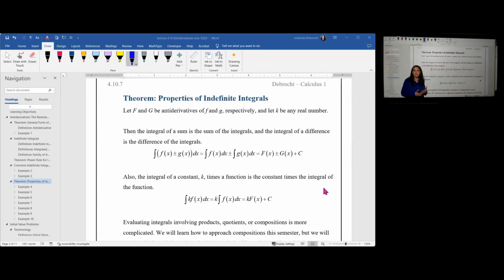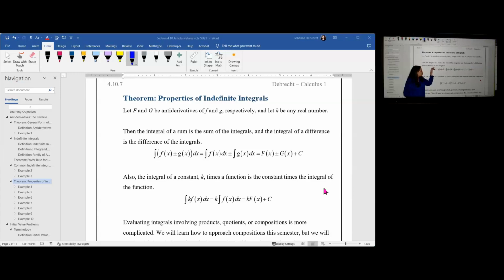We'll let k be some constant real number. The integral of a sum is the sum of the integrals. The integral of a difference is the difference of the integrals. We saw that this rule held for limits, and it also held for derivatives.